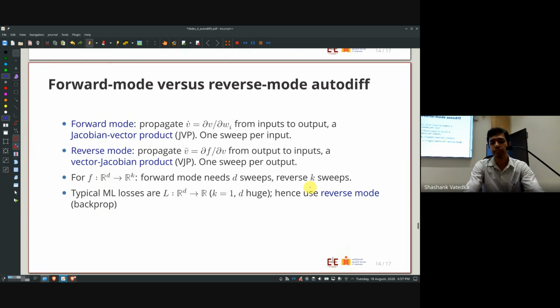Right? Any questions? So the complexity of forward mode automatic differentiation is just D times the number of nodes in the graph, essentially. And reverse mode, it is K times the number of nodes in the graph.